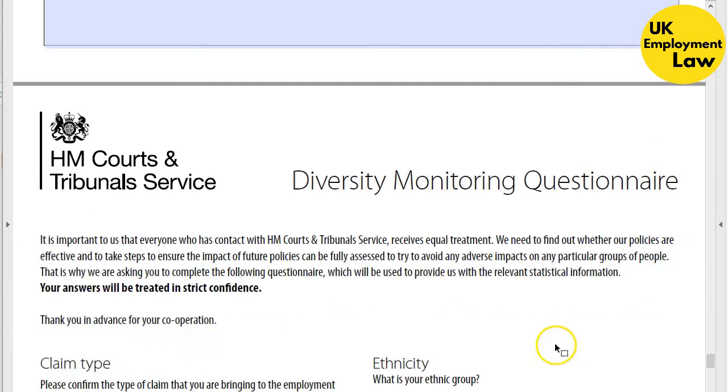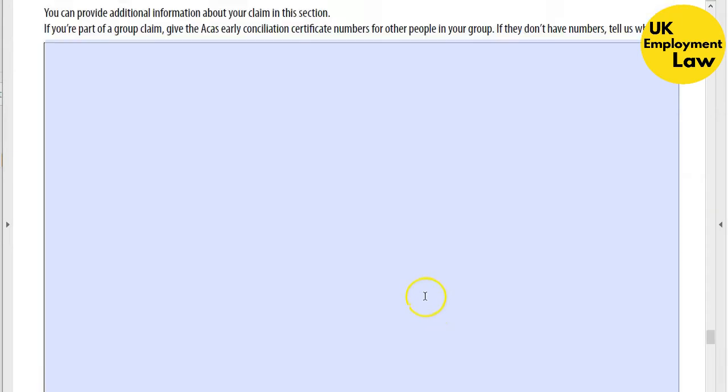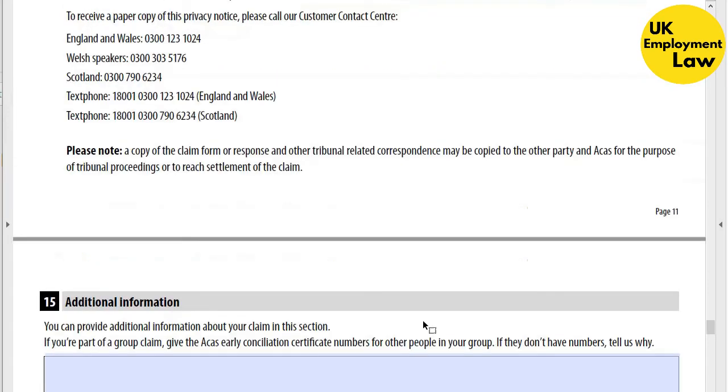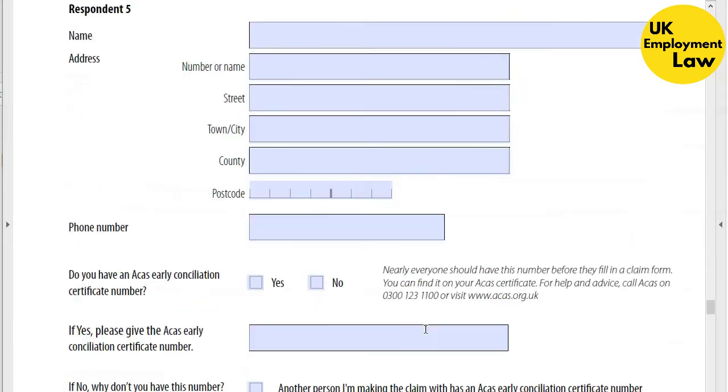And so essentially it is up to page 12 that you need to fill in to submit your claim form. This is an optional questionnaire. The last 3 pages, 13 to 15, are confidential and only for diversity monitoring. This means that the first 12 pages are the actual ET1 claim form.